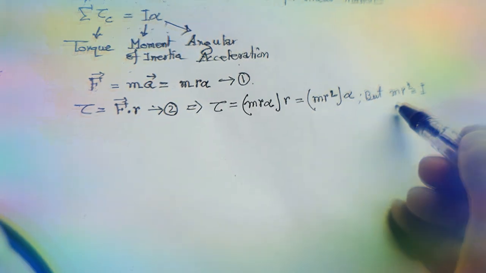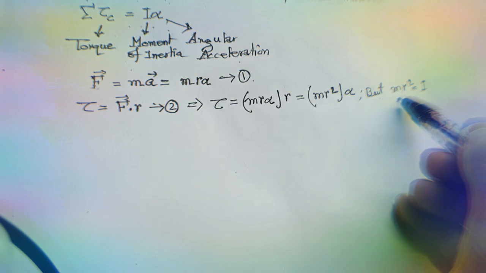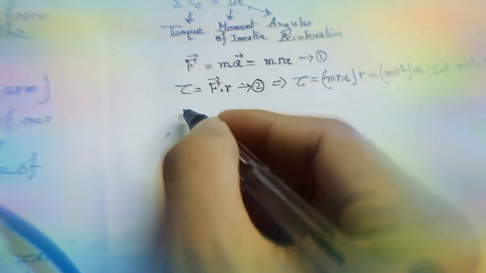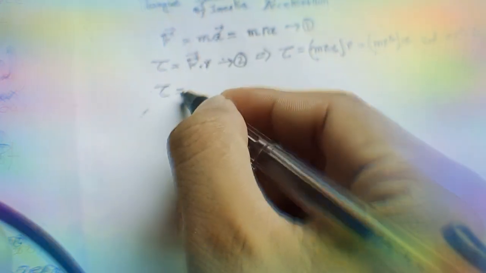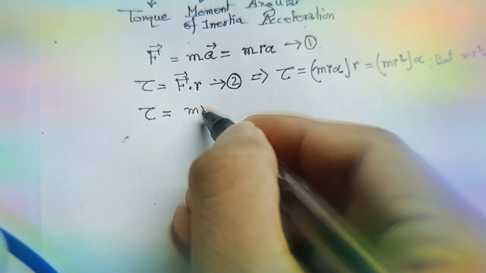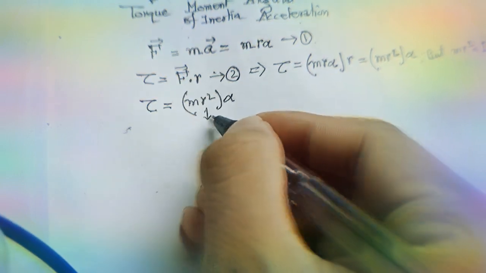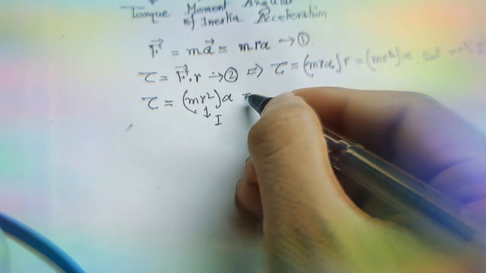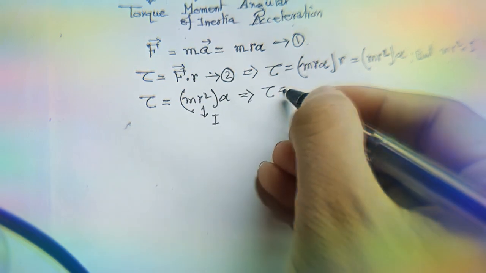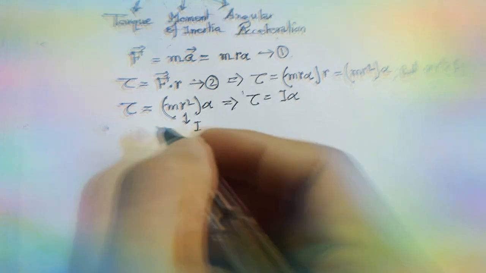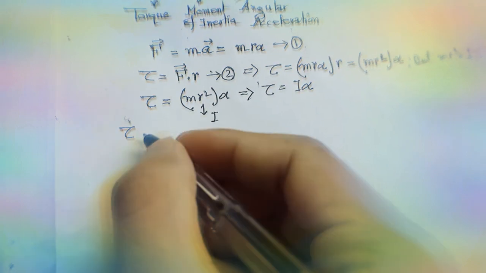So we can substitute the value of m r square by I in equation number 2. So we can write tau equals m r square alpha, but m r square is nothing but I, so tau equals I alpha.